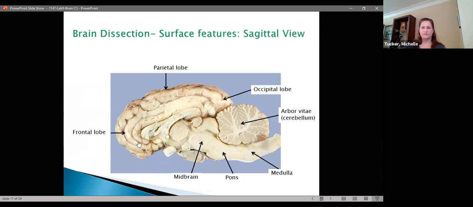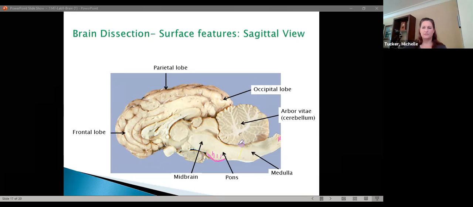Again, the lobes of the cerebrum. We have the pons, this bulging structure here. And if you can locate the pons and you go anterior, this is the midbrain, inferior is the medulla oblongata ending in the spinal cord. This is the fourth ventricle here.